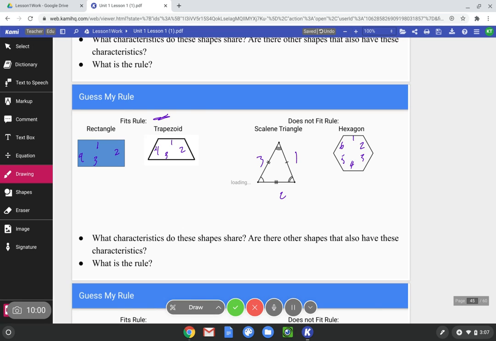So the rule must be that it must be a quadrilateral, because these have four sides. The triangle and hexagon share the fact that all these shapes are polygons. They're all part of the polygon family, but only these are part of the quadrilateral family.